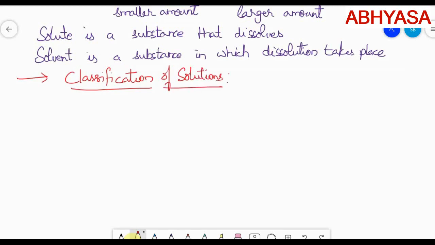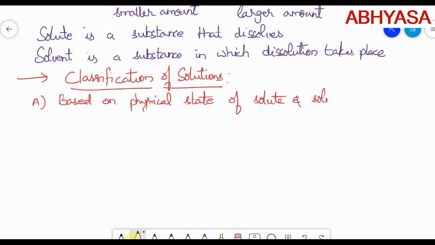The first classification is based on the physical state of solute as well as solvent. So based on the physical state of the solute and solvent, the solutions are classified into several types. Let's see what are they.